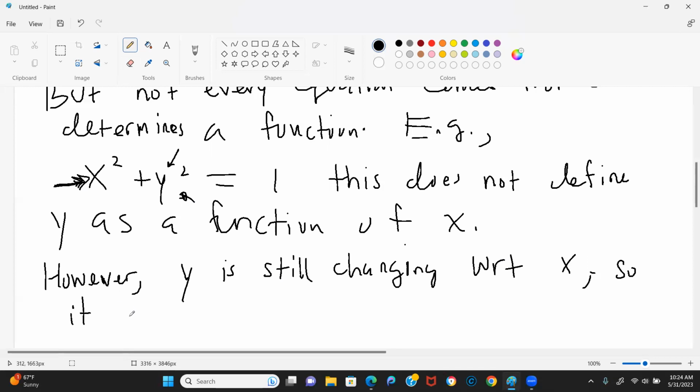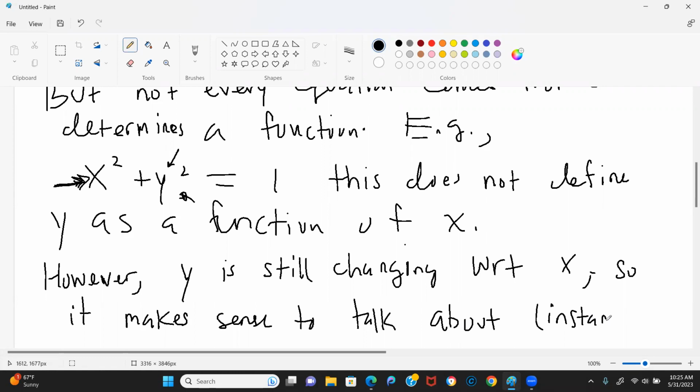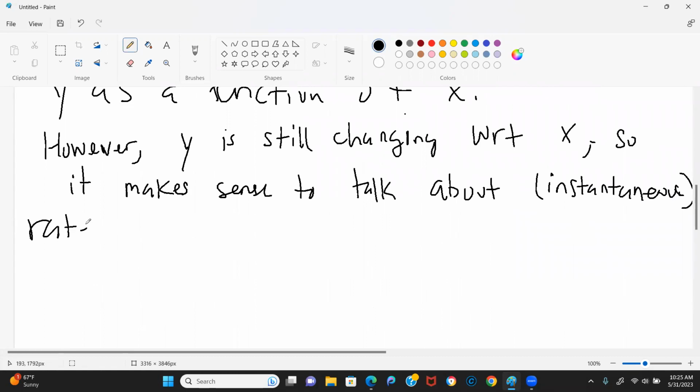So it still makes sense to talk about, we'll put in parentheses, the instantaneous rate of change of y with respect to x.